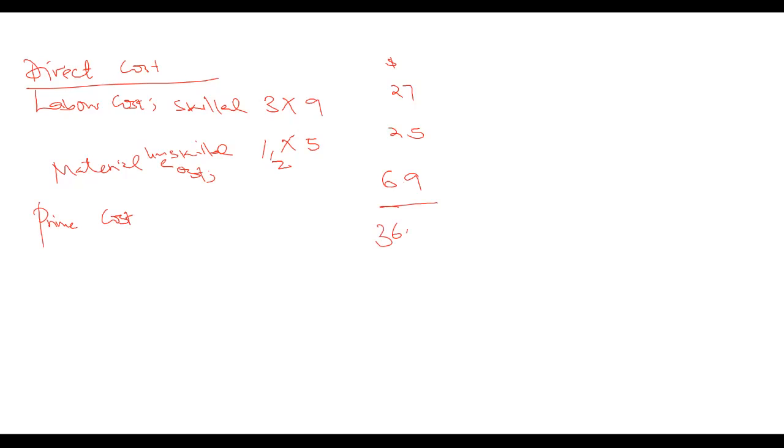36.4. 36.4. How are you getting 50? Some of you are getting 50.4, and 52.4. How are you getting it? Hamida, you're getting a different answer. How did you get that 52.4? Hamida?